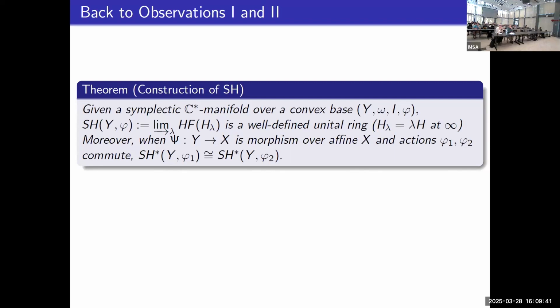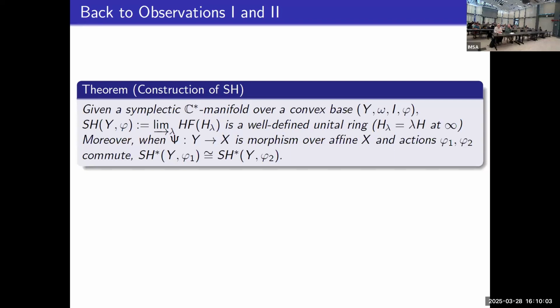Moreover, what's interesting is that whenever you are in this algebraic geometry setup, where your morphism is defined above, this symplectic homology doesn't depend on the choice of C* action. For example, for toric varieties, you have a whole torus acting, so you can take one-parameter subtori, and they're all going to give you the same invariant.